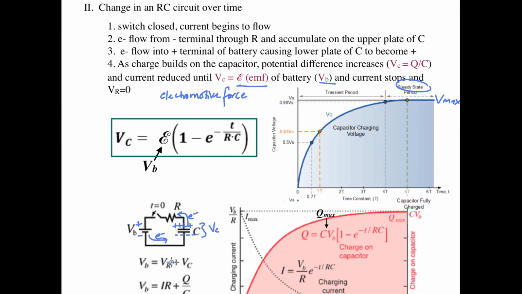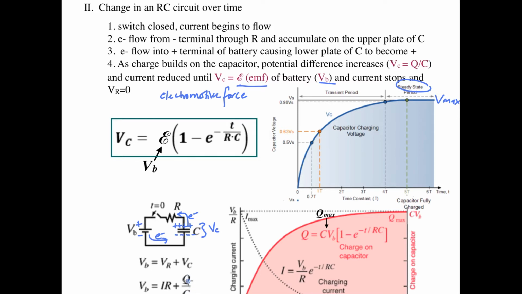If you want to know the voltage of the resistor, we just do I times R, the current in the loop times the resistance of the resistor. But the voltage of the capacitor equals Q divided by C.